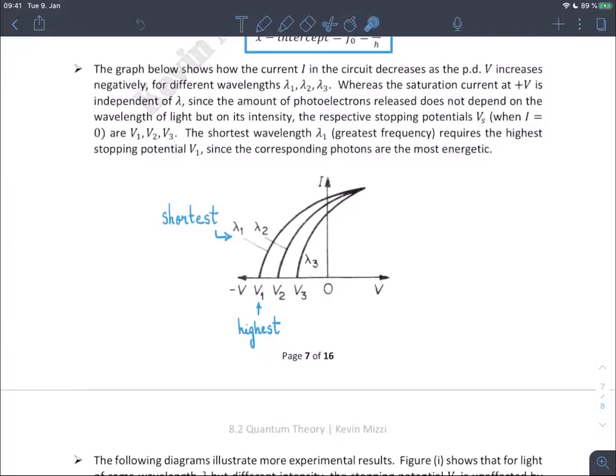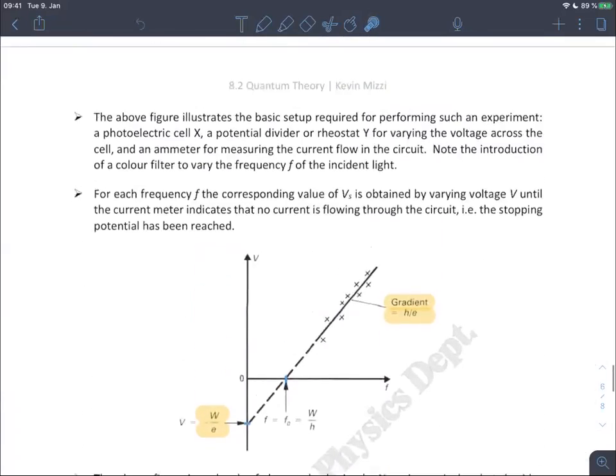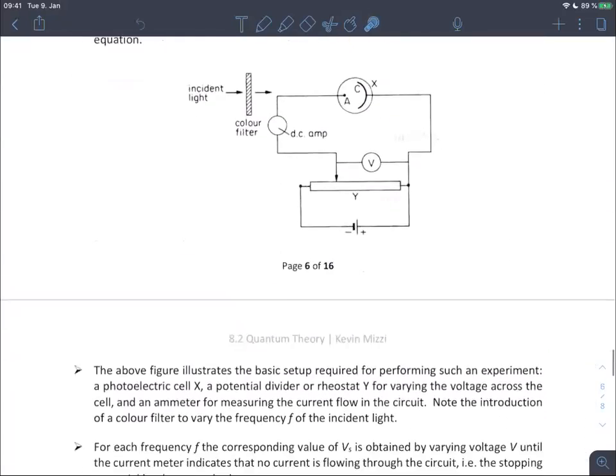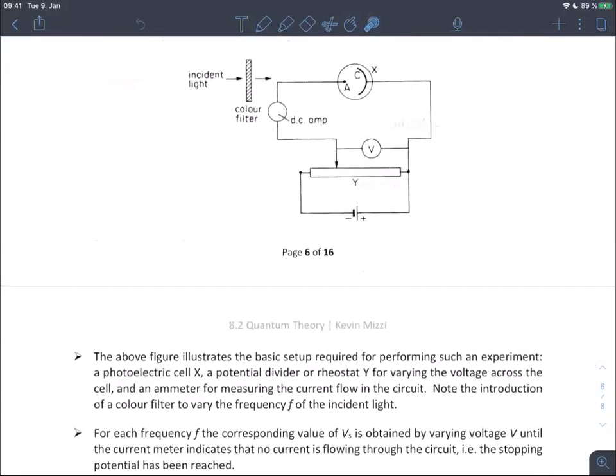Now, this figure, okay, so we go a little back. This figure illustrates, so I'm referring to this circuit here, the basic setup required for performing such an experiment. We would require, as we said, a photocell labeled X, a potential divider which would allow us to vary the voltage across the photocell.